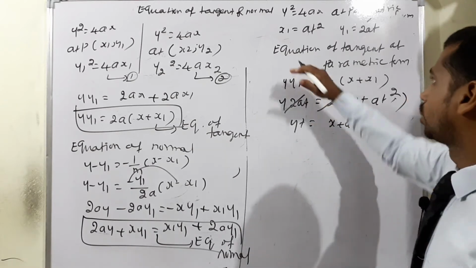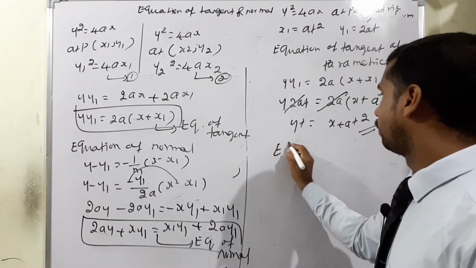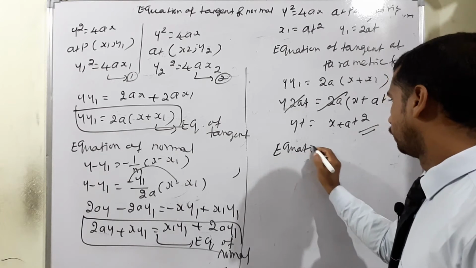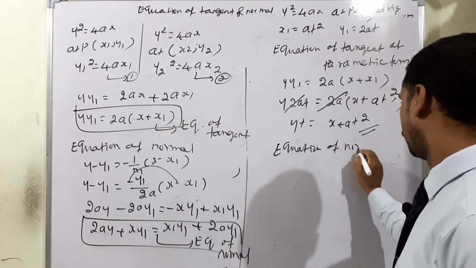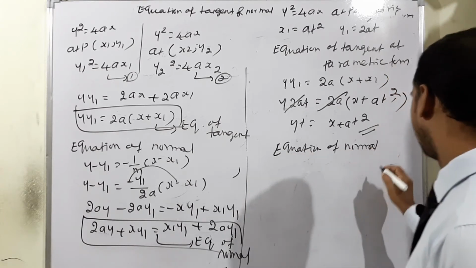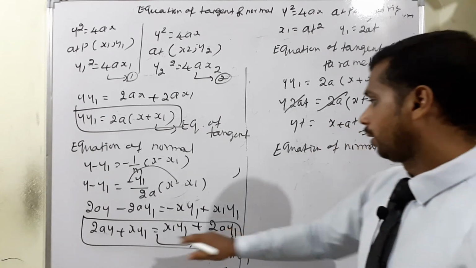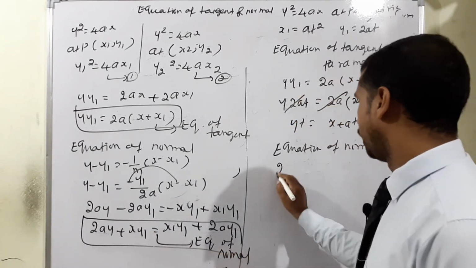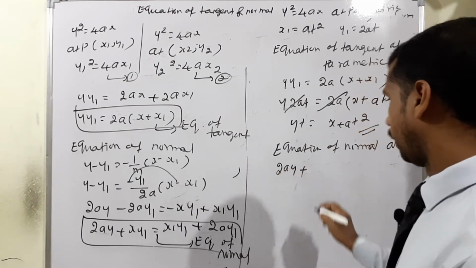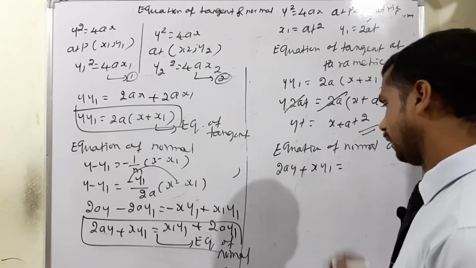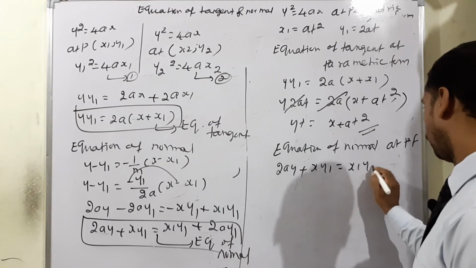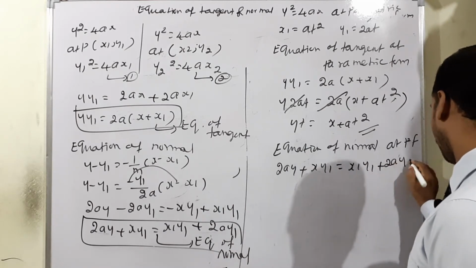I am moving to the equation of normal in parametric form. Look at this. The main point we already know. What is the point? 2ay plus x y1 is equal to x1 y1 plus 2a y1.